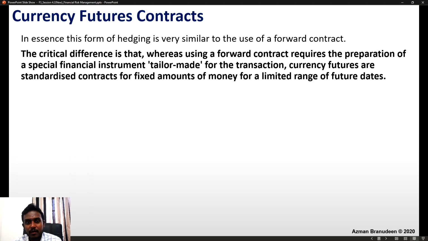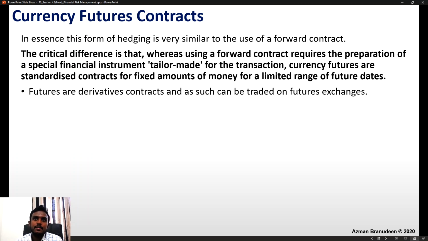They're not over-the-counter. They are standard contracts for fixed amounts of money for a limited range of future dates. So they are pretty much exchange traded. Futures are derivative contracts and as such can be traded on futures exchanges.